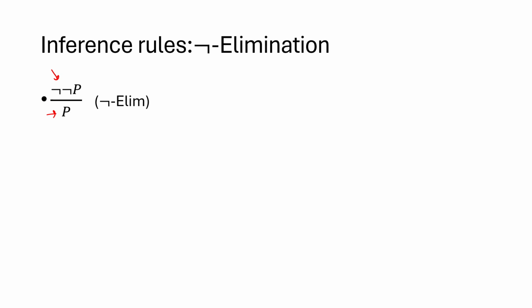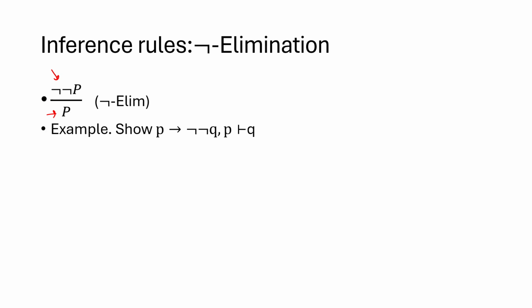In classical mathematics, it is accepted, which is the majority of mathematicians and logicians, but there are some schools of thought, like intuitionistic logic, where they don't agree with this rule. But as I said, for classical mathematics, this is accepted by everyone. So that's your premise, not not P, and then from that follows P.